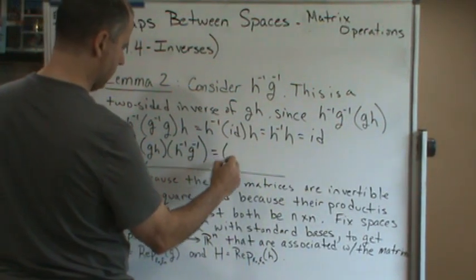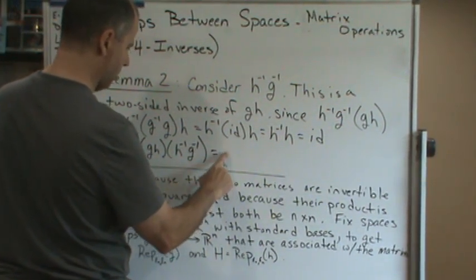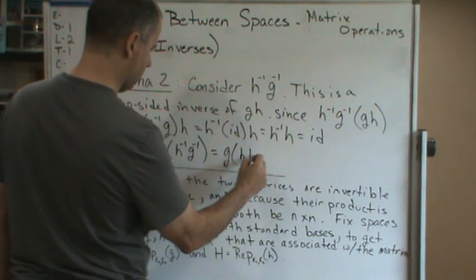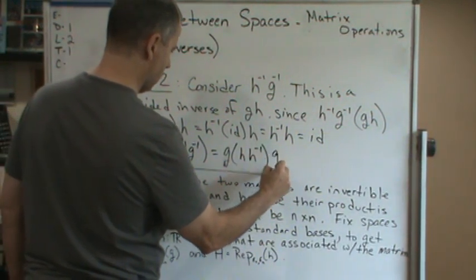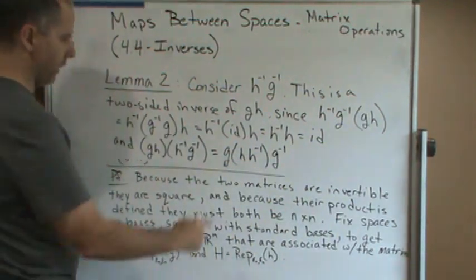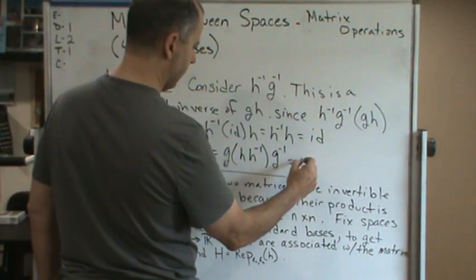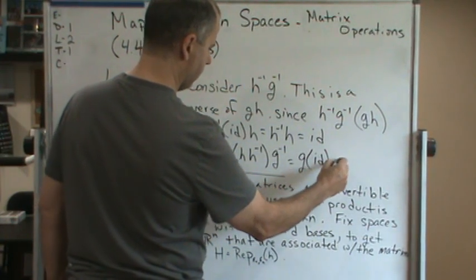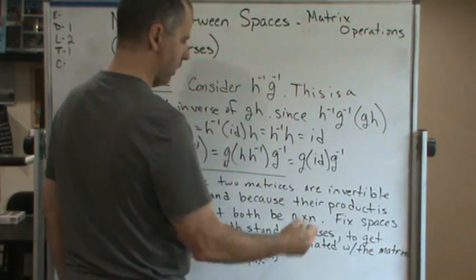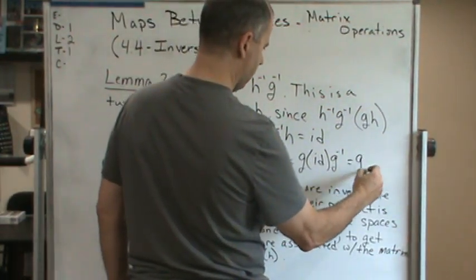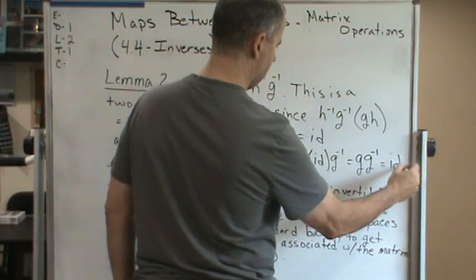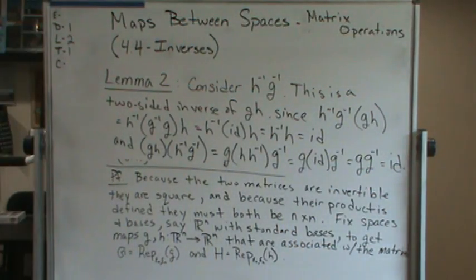We're going to get the identity mapping in the middle. And then of course this is going to give us G G inverse, which again gives us the identity map.